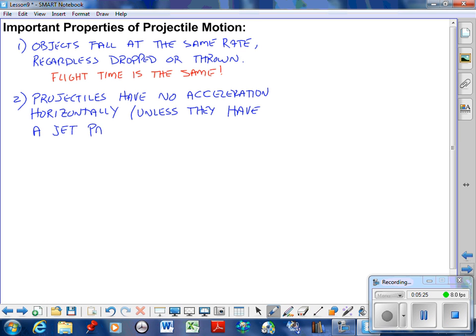If you have a jetpack on, it's a whole different story, but we're not adding jetpacks here. So for the horizontal, acceleration is equal to 0 meters per second squared. Vertical is always 9.81. So those are known values, and that's true for all of them.